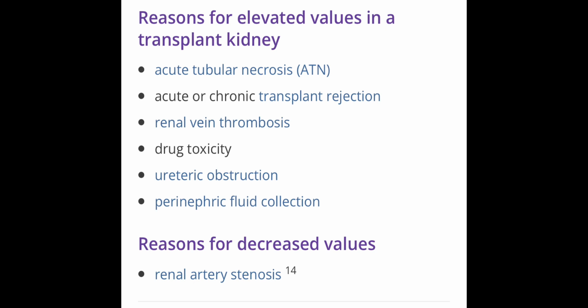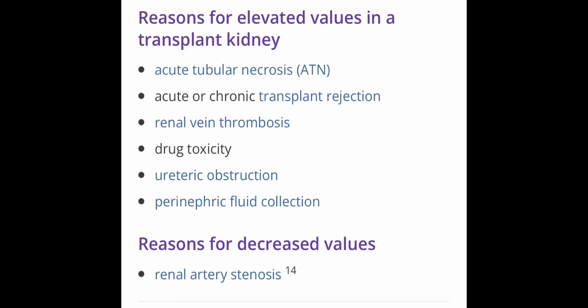It may be acute tubular necrosis, acute or chronic transplant rejection, renal vein thrombosis, drug toxicity, ureteric obstruction, or perinephric fluid collection. In all these conditions, the renal resistive index is increasing. But in one condition the resistive index is decreasing, and the reason for that is renal artery stenosis.